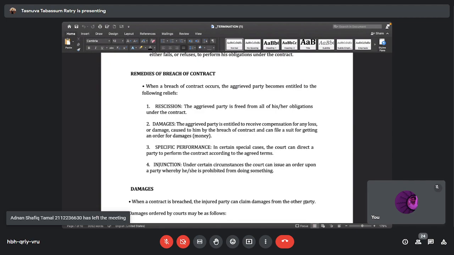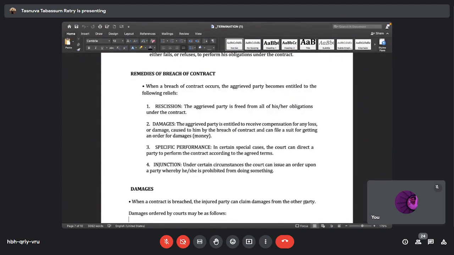It is an order given where monetary compensation, which is damages, is not an adequate remedy. Where the court feels that damages is not adequate relief for the breach of contract, the court can give a direction for specific performance, where the parties are directed to perform the contract according to the terms and conditions.